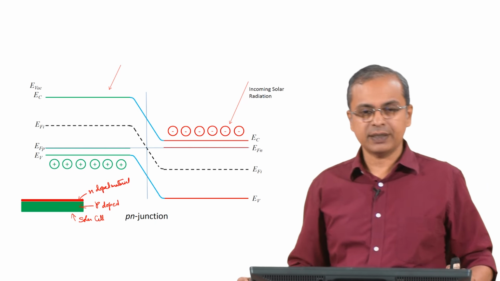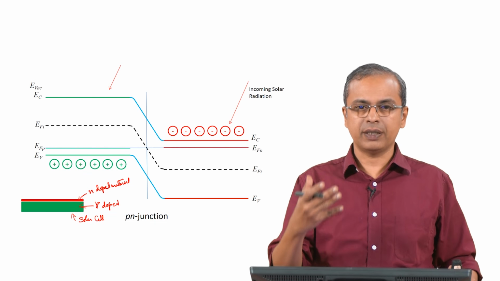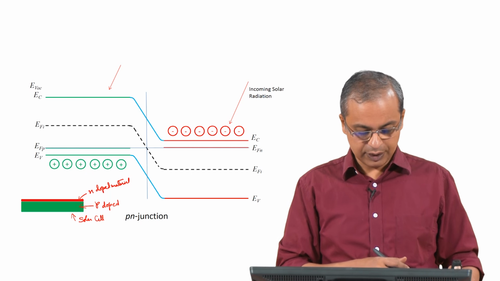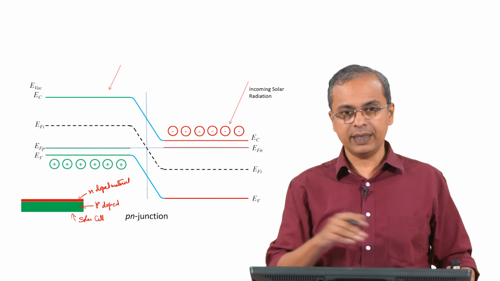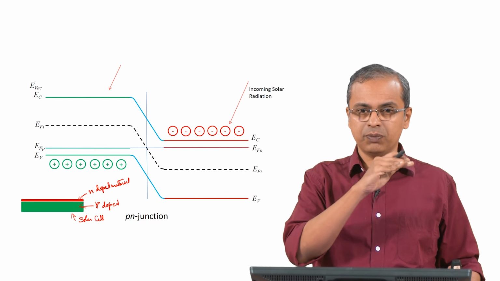We saw how it is manufactured, how the wafer is manufactured, and the idea that you can do either diffusion or ion implantation or epitaxial growth and end up getting this n doped material sitting on top of the p doped material with a very good interface. That is the most critical part of it.